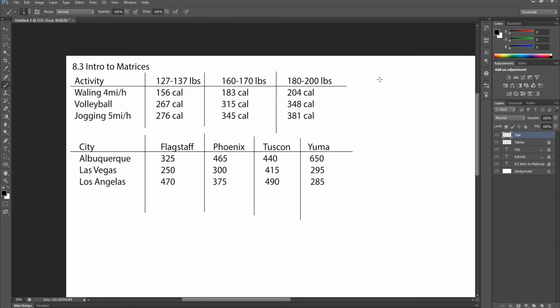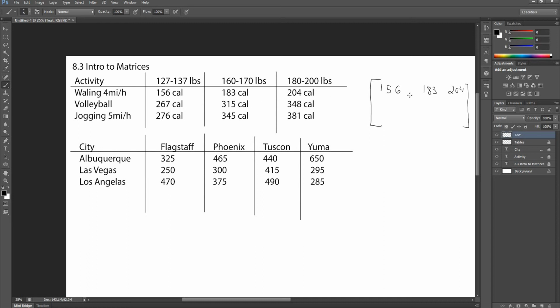We denote a matrix with hard brackets. And then all we need to do is copy the entries by row and by column. Usually we do this by row. So my first entry in my top left will be 156, then 183, then 204. All I'm doing is putting in the numbers.